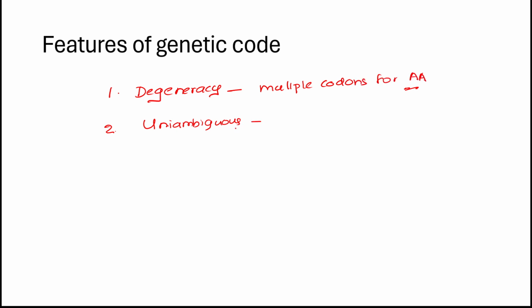In the uni-ambiguous nature, what you would see is that a given codon will always represent a single amino acid. That's a criterion that can be related with the specificity that you see in the genetic coding.